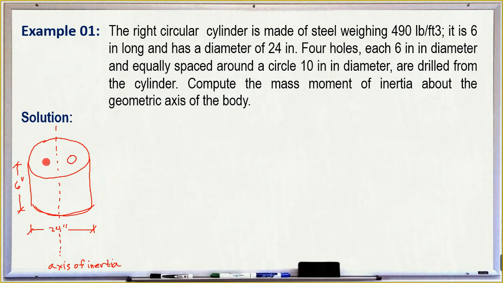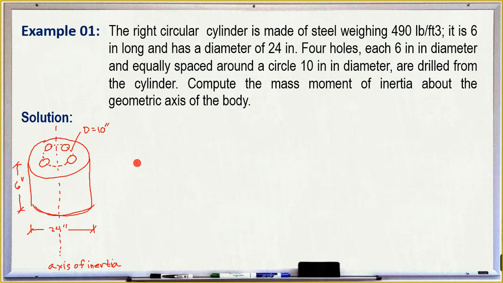So, 1, 2, 3, 4. That is around this circle, and the diameter of this circle equals 10 inches. So our 4 holes have the same distance with respect to the axis of inertia.